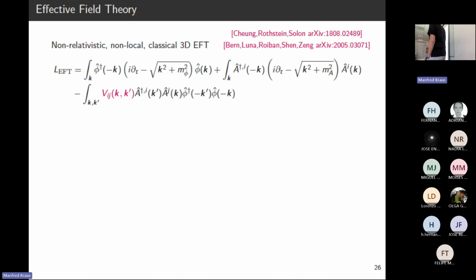You also see that we typically have quadratic derivatives for kinetic terms of the particles. But here, since this is a classical theory, you don't want antiparticles. So you just take these kinds of kinetic terms, but this tells you already that the propagator will be linear and will have a very awkward form.